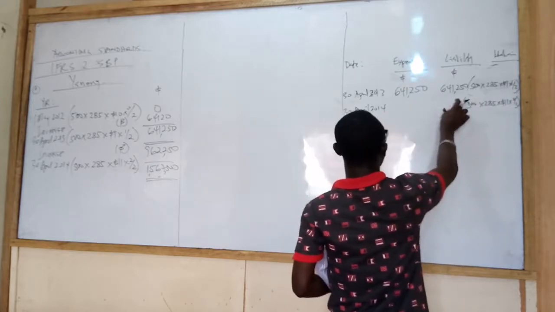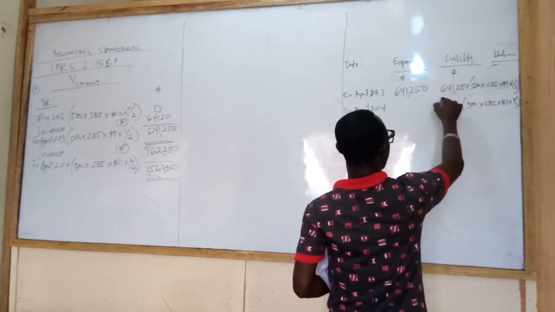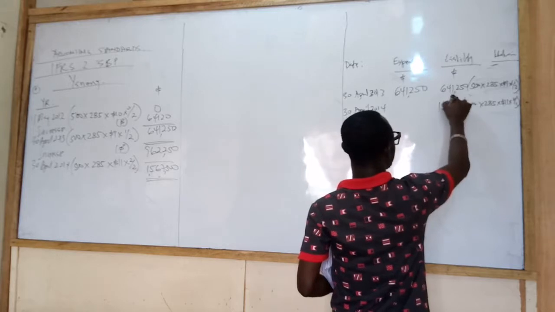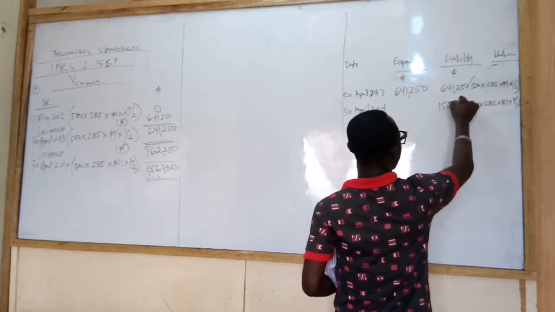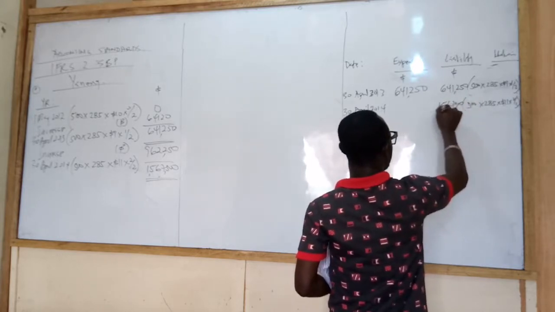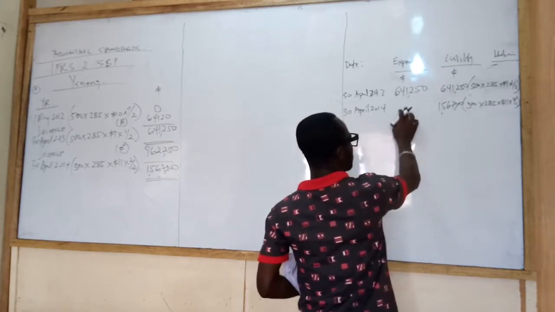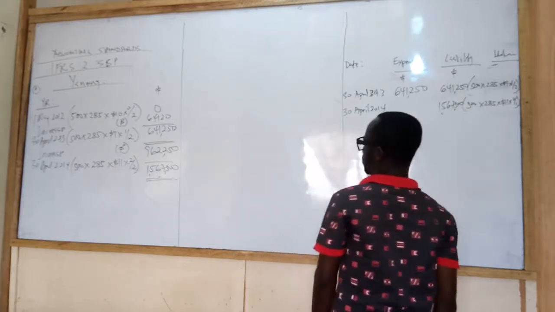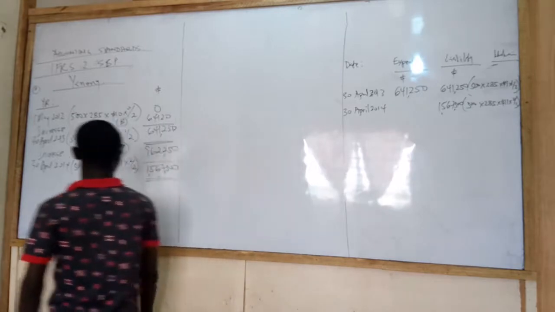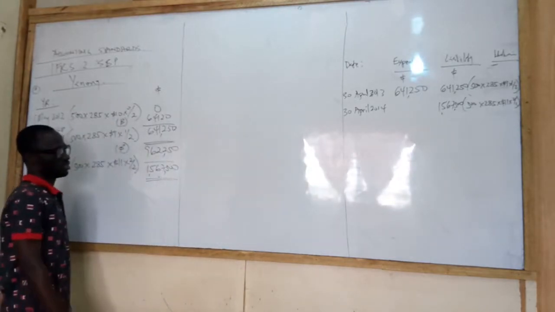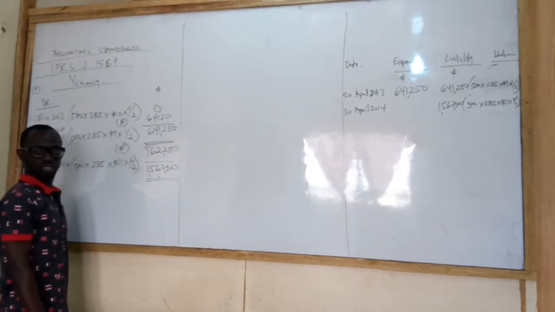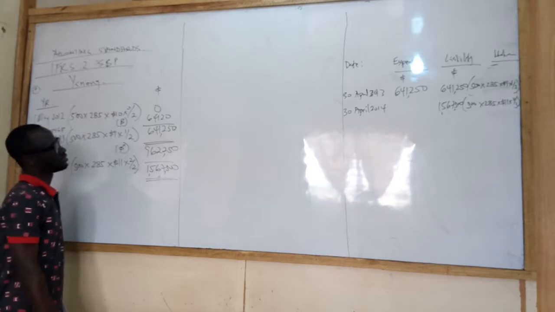So the liability is how much? 1,567,500, right? The increase is 926,250. That's what I'm confirming. I don't have a problem with the calculation.